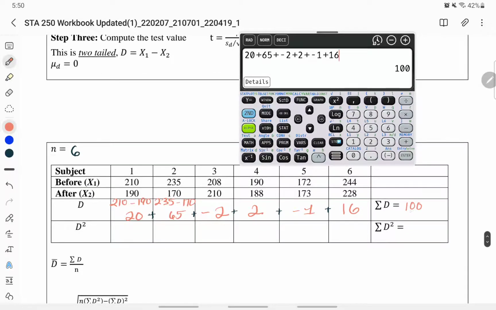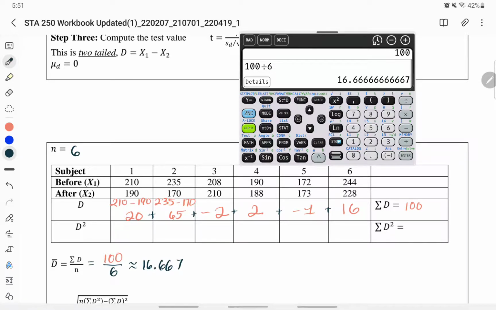Because we found the sum of D, let's go ahead and find D bar first. The D bar equals the sum of D divided by N. So that's going to be 100 divided by 6. And let's take 3 numbers after the decimal. So 100 divided by 6, that is 16.667.